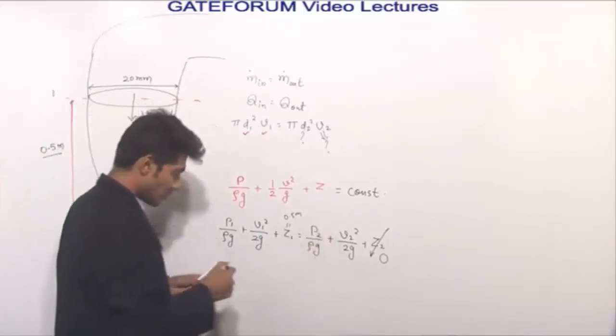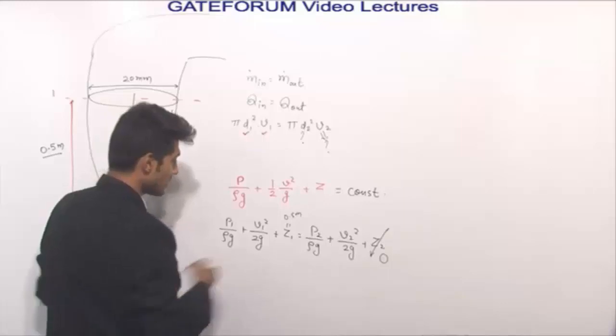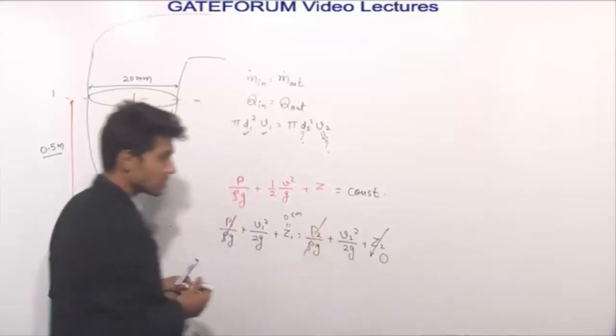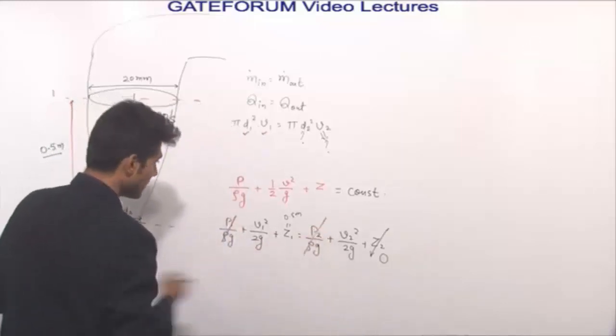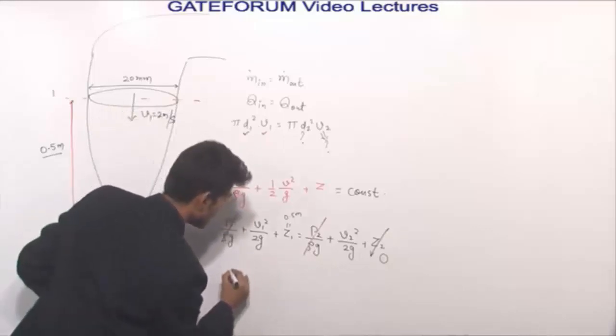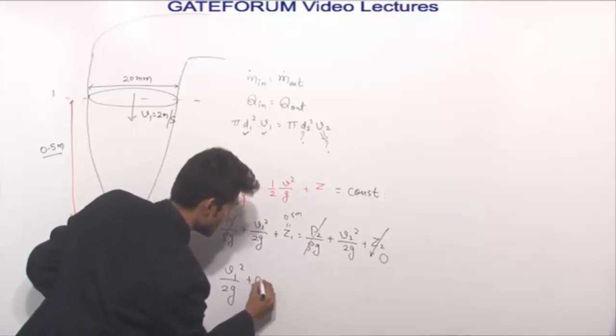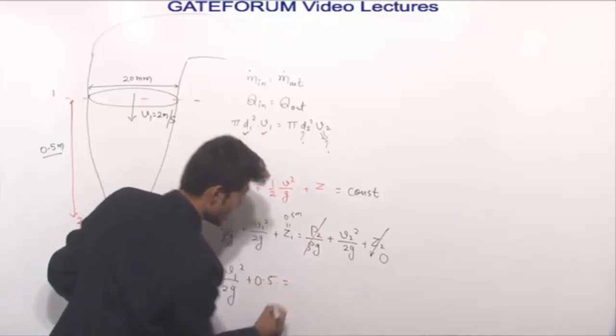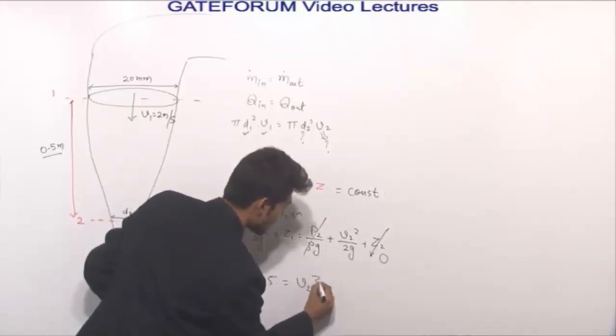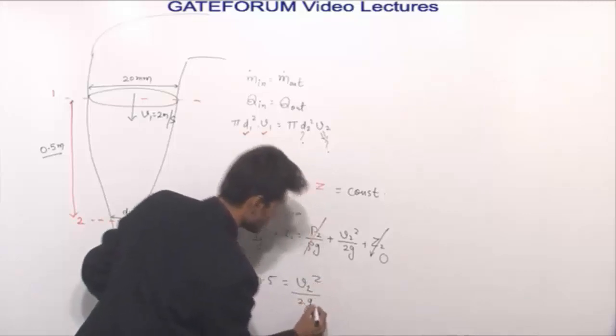Pressure is constant, atmospheric pressure everywhere, so we can cancel these two terms. We can now write the equation as V1 square upon 2g plus 0.5 is equal to V2 square divided by 2g.